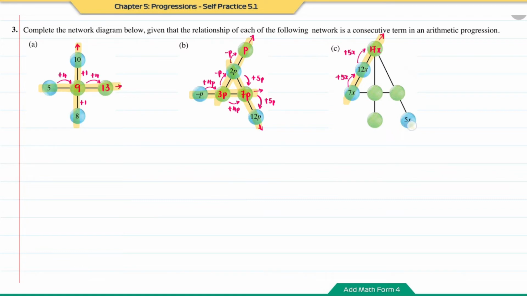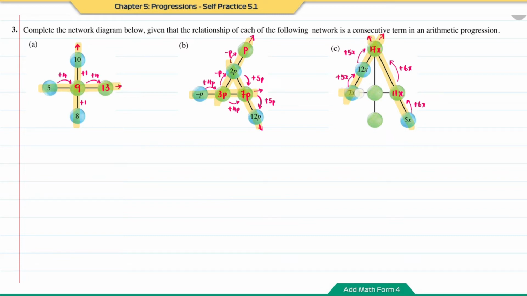Next, we're going to use this sequence from the bottom to the top. The difference between 17x and 5x is equal to 12x. Divide it by 2, then you'll find that you are adding 6x to the previous term. So 5x plus 6x is equal to 11x. And then 11x plus 6x, you get 17x.